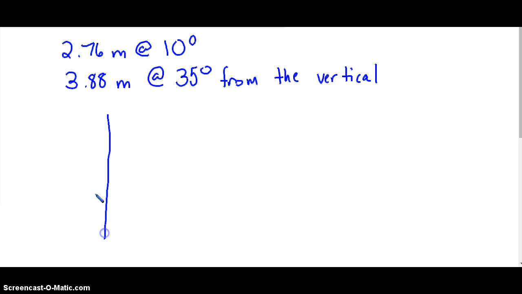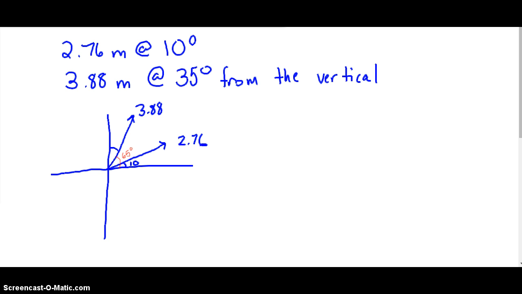This time we're measuring, so we have our 2.76 meters at 10 degrees. If we measure 35 degrees from the vertical, it might be something like this, and then 3.88 meters. If it's 35 from the vertical, that simply means it's 65 degrees from the horizontal, because I just took 90 minus 35 to get that angle from the horizontal.